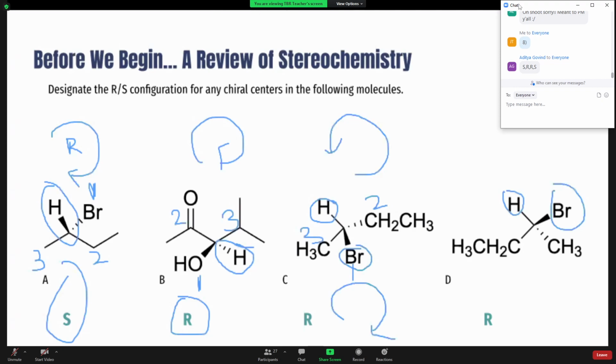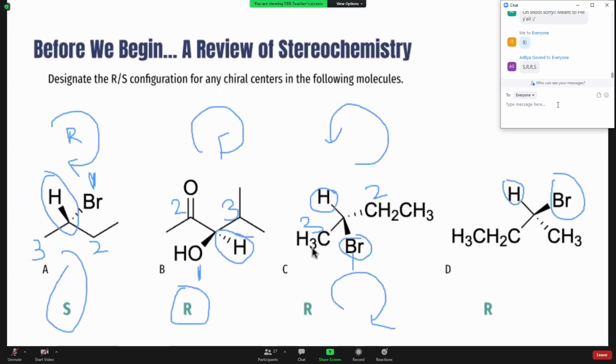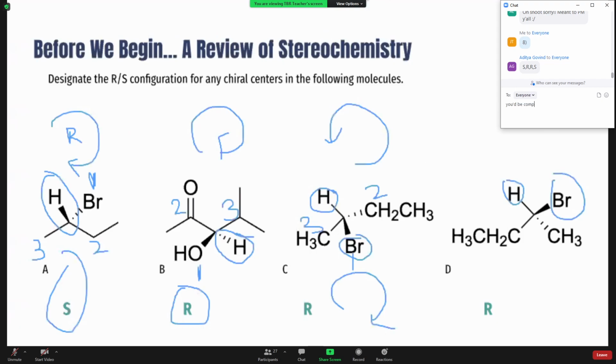So yeah, I got a question on why ethyl is higher priority than methyl. So whenever you look at priority, if you have a tie, so this carbon here, oh, no, let's draw once again.